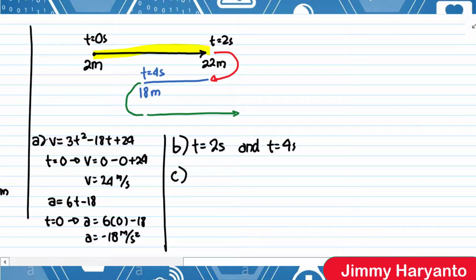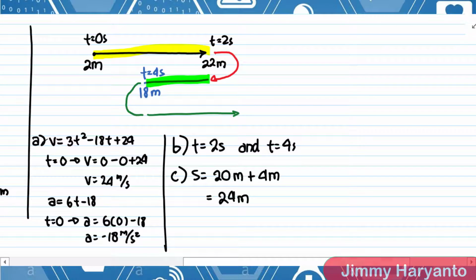From 2 to 22, that means 20 meters. Then the second motion starts from 22 meters and goes to 18 meters, so the distance is 4 meters. So 20 plus 4 is 24 meters for C.